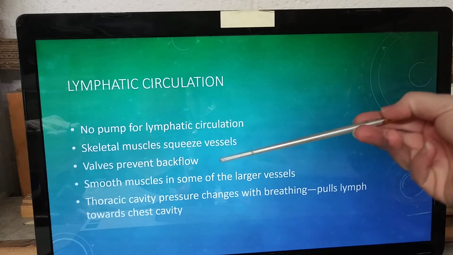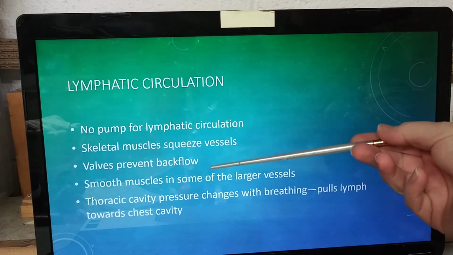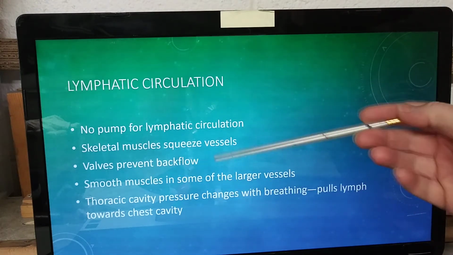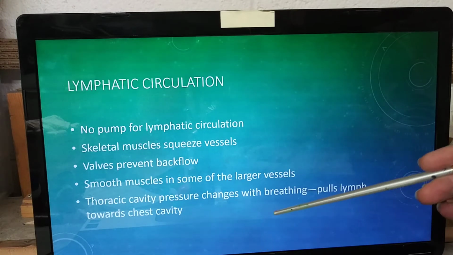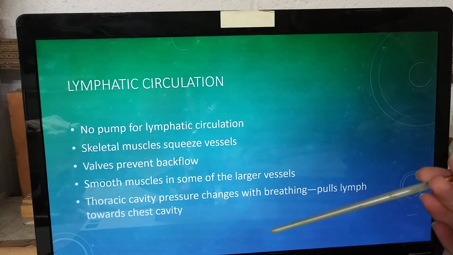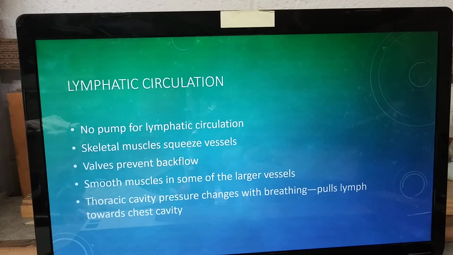Just like we have valves in the veins, we also have them in the lymphatic circulation, and they prevent backflow. And then some of the larger lymph vessels actually have their own smooth muscles that will also help to squeeze fluid through them. And then finally, when you breathe in and out, you cause a negative pressure to form in your chest cavity, and when you do that, it pulls the lymph towards that chest cavity.